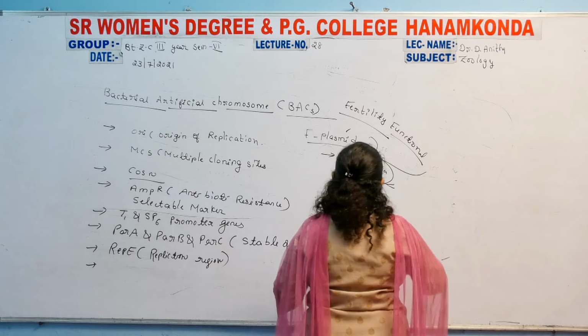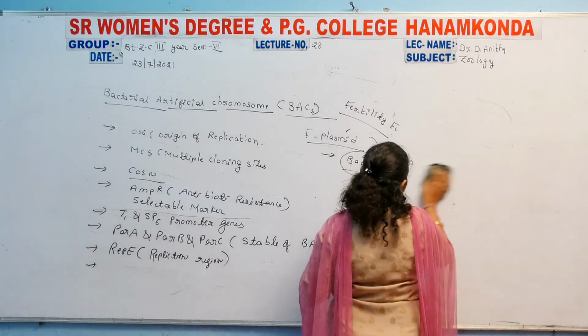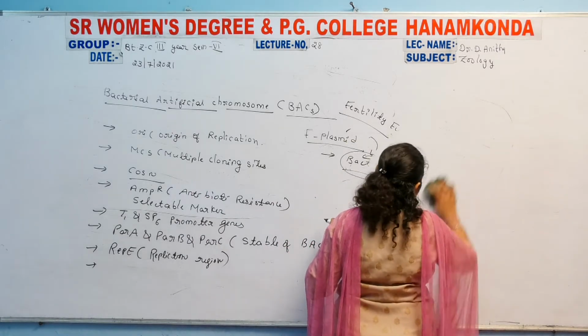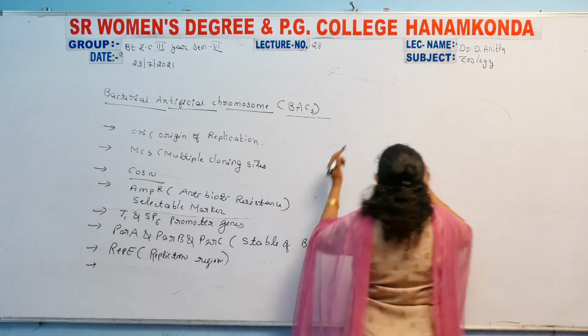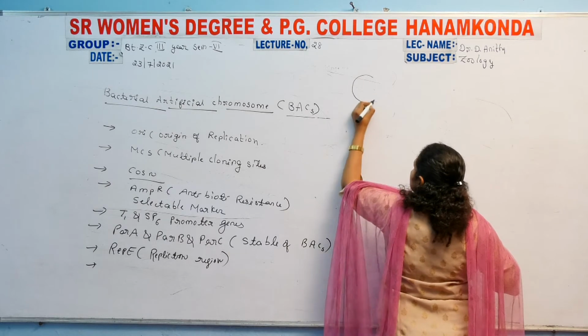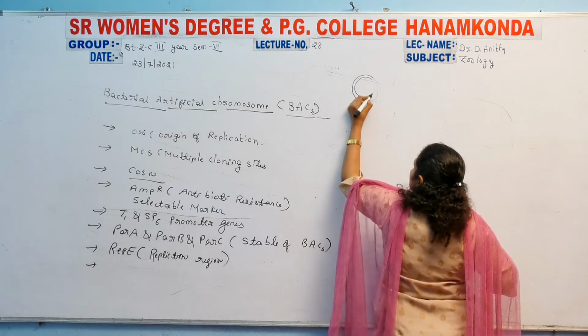So the bacterial artificial chromosome is prepared like this.